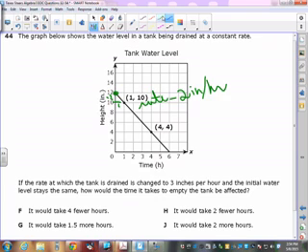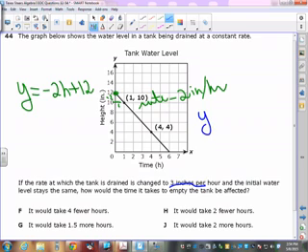Okay, well, first of all, let's go ahead and write the function for this one. As it's written, y would be equal to negative 2h, hours, plus 12. But we're going to change this so that the rate of change is 3 inches per hour.